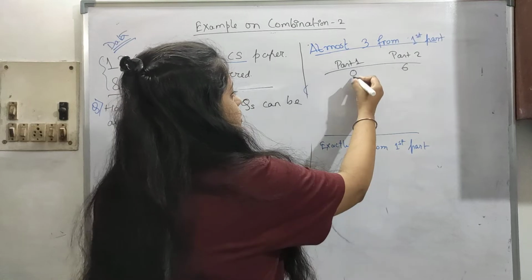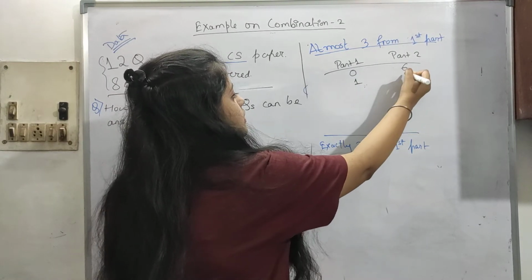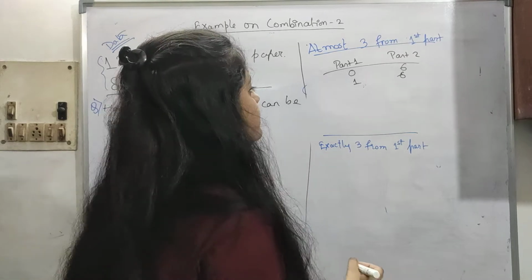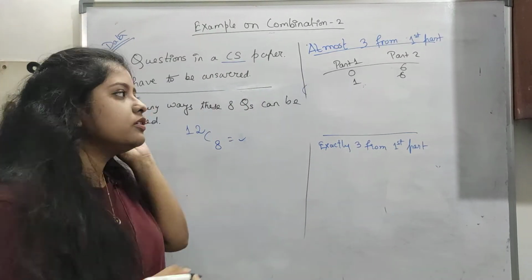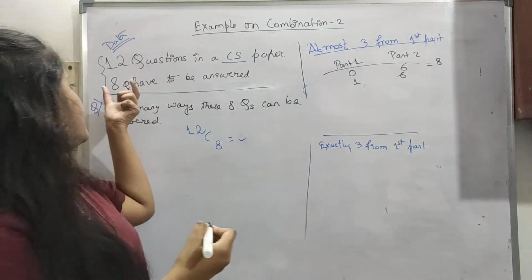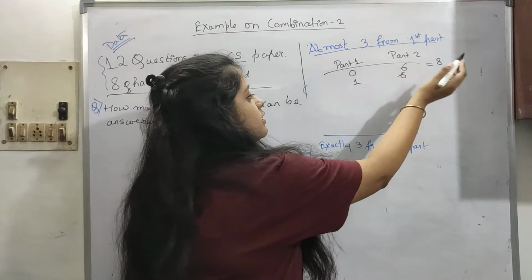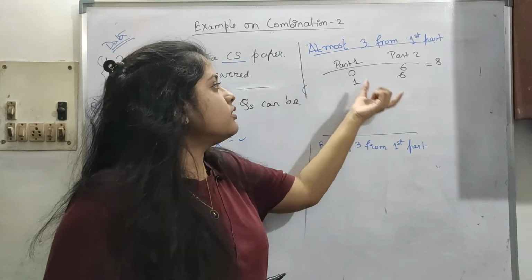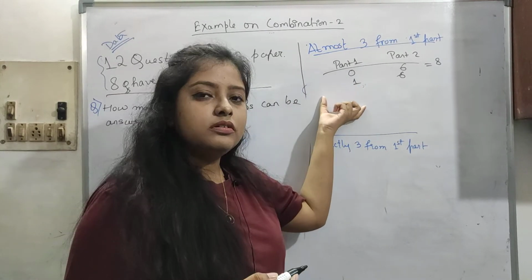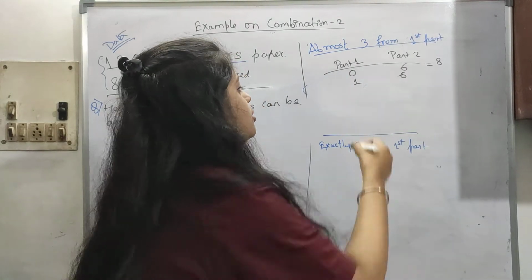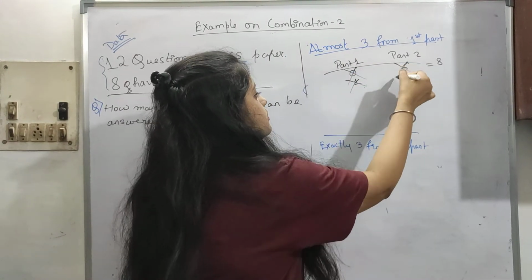Then 1 question from here, and 6 is the maximum. You can see that the total is not coming to 8, because we have only 6 questions in part 1 and 6 questions in part 2. So these two cases are not possible.